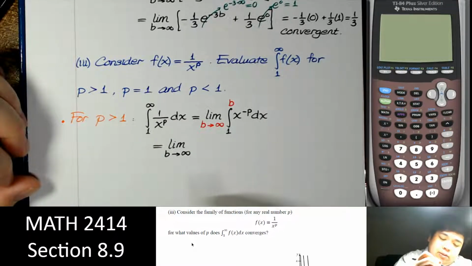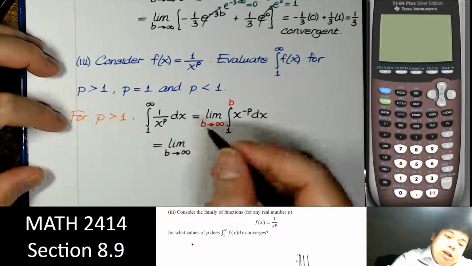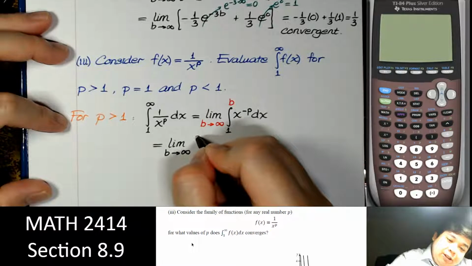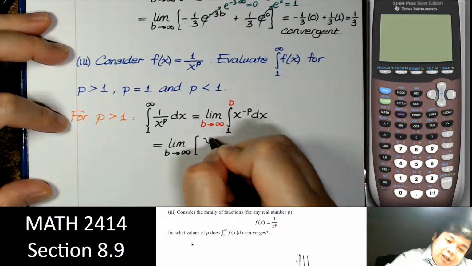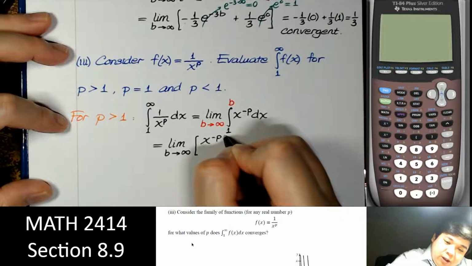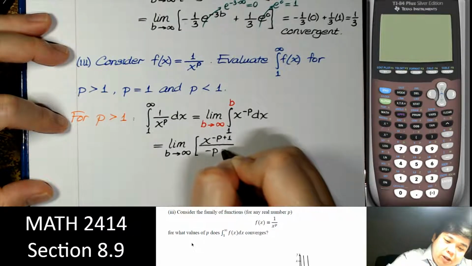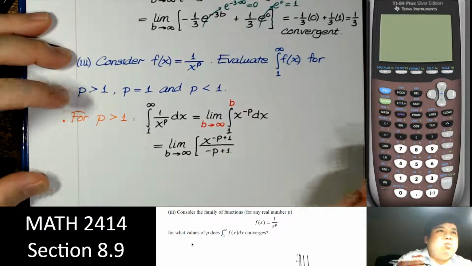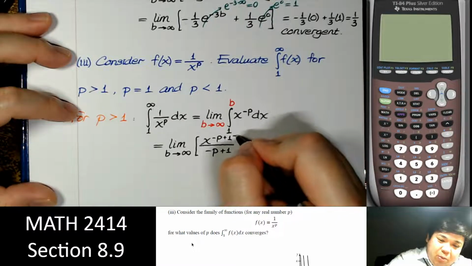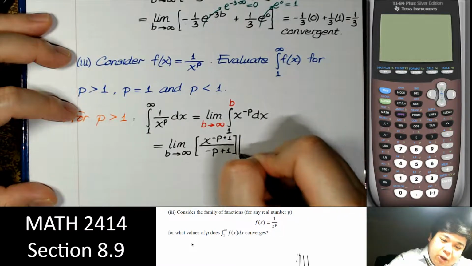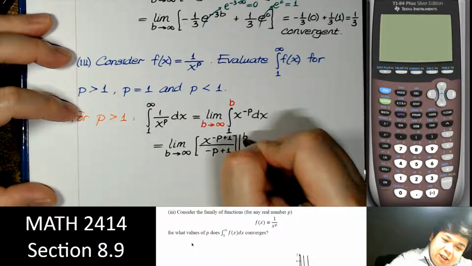Now, the integral of x to negative p will be x to negative p plus 1 divided by negative p plus 1. Just the standard power rule, going from 1 to b.